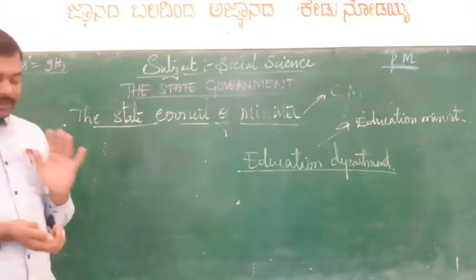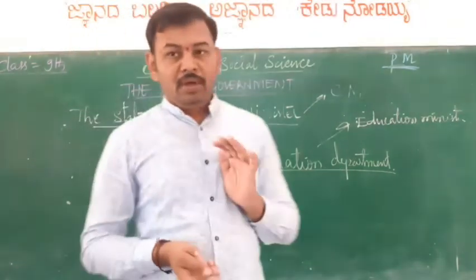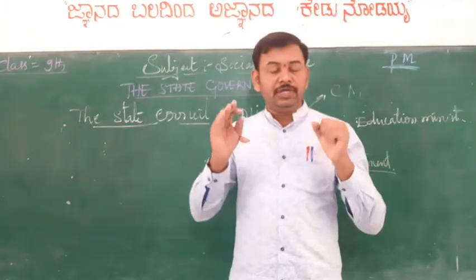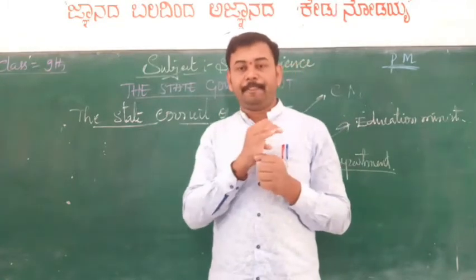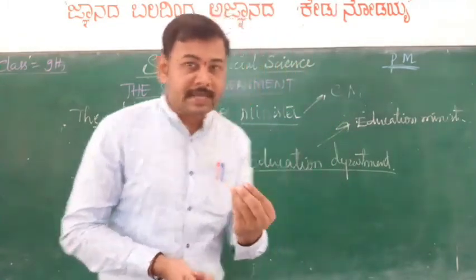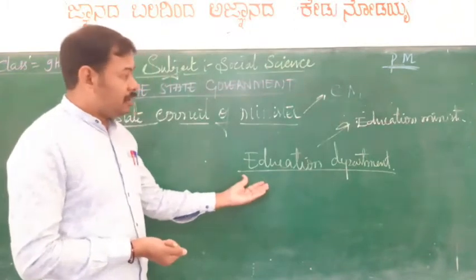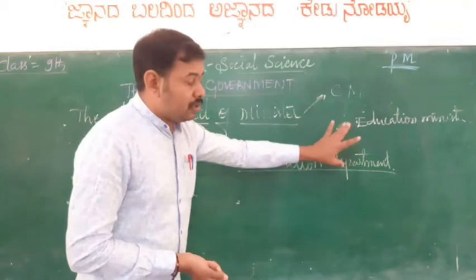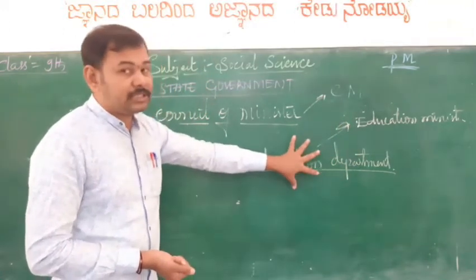See, each minister has to ensure the efficient working of his department. Suppose we take the example of the education department. See, who will be responsible for the whole development of the department?